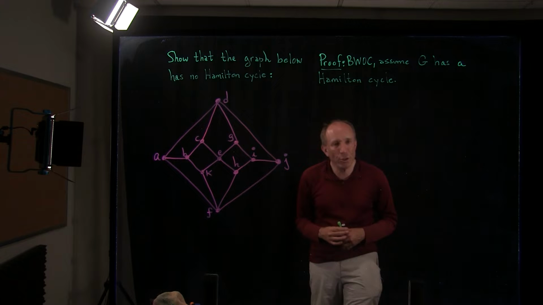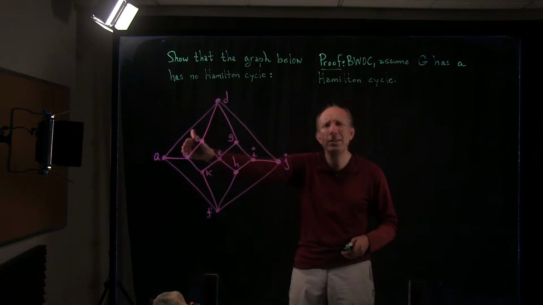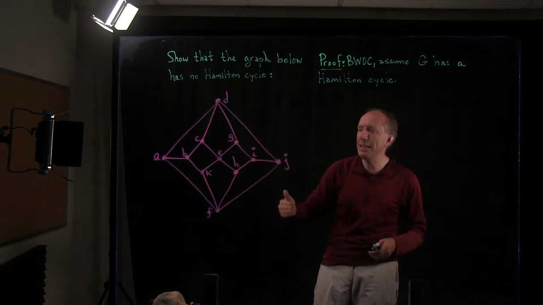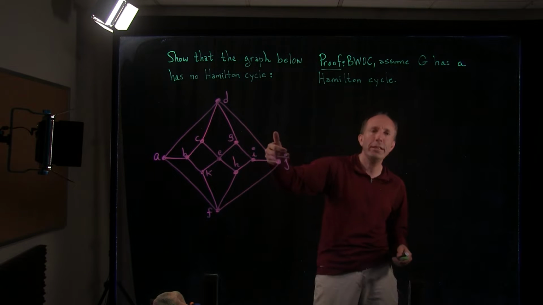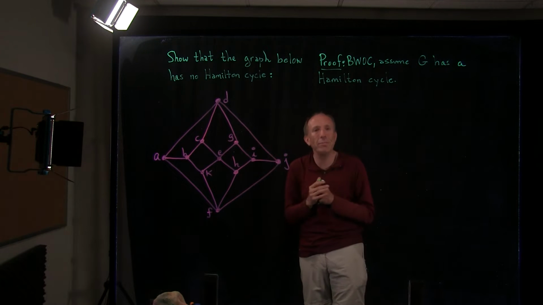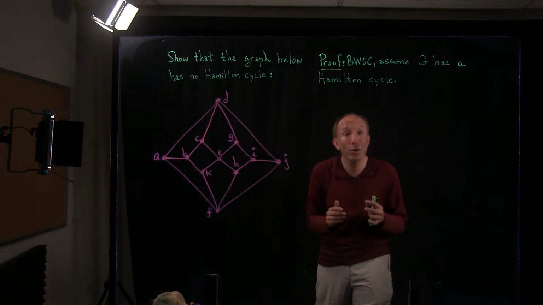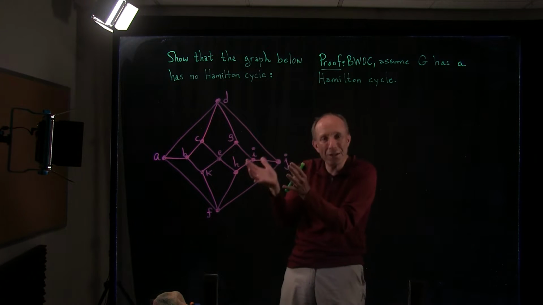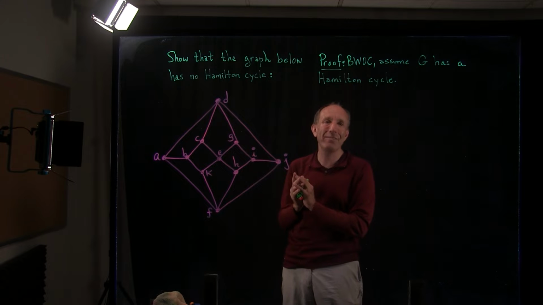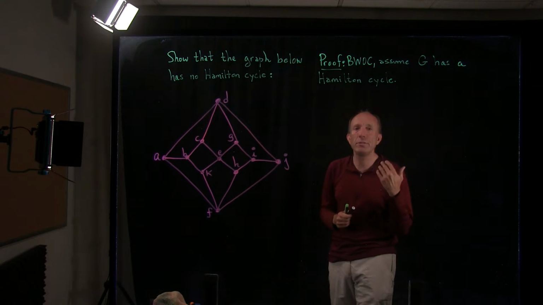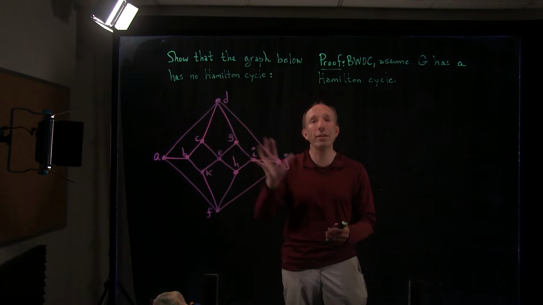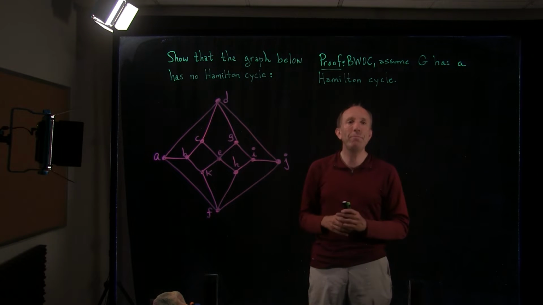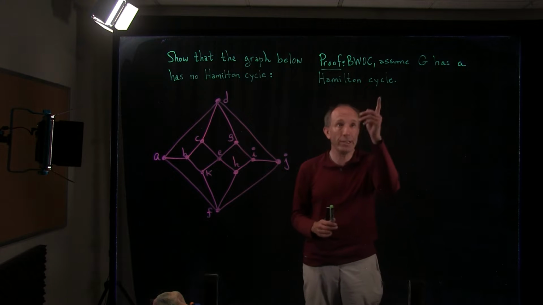So we cannot use all four of those outer edges. Now, does that mean we have to do four cases? Suppose we don't use edge AD, and then what about AF and JF and JD? Do we have to do each of them? It turns out no. If you look at the symmetric nature of this graph, we can just freely assume, without loss of generality, any one of these edges to have been not a part of this Hamilton cycle.